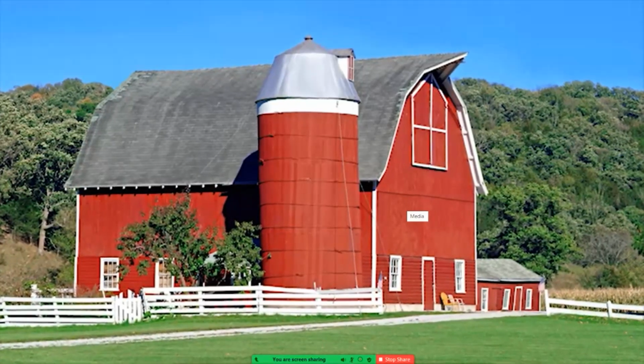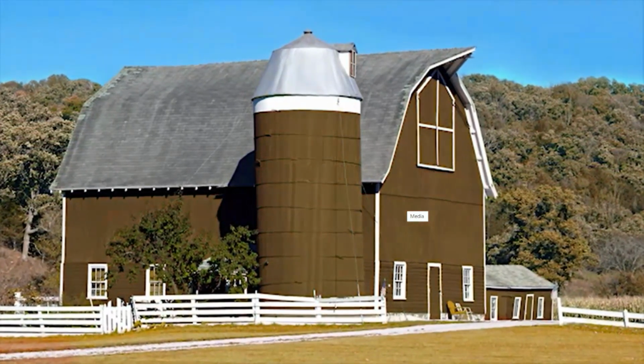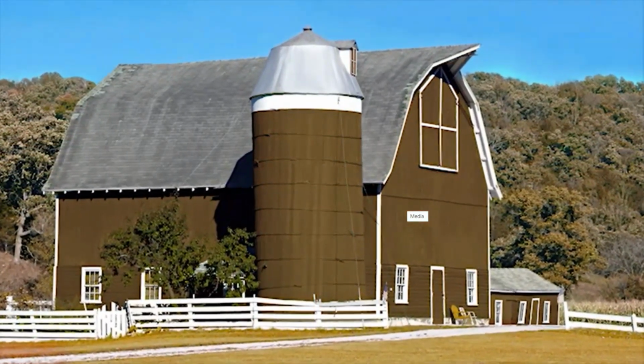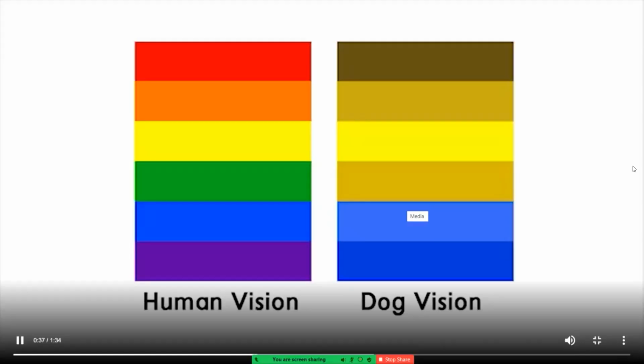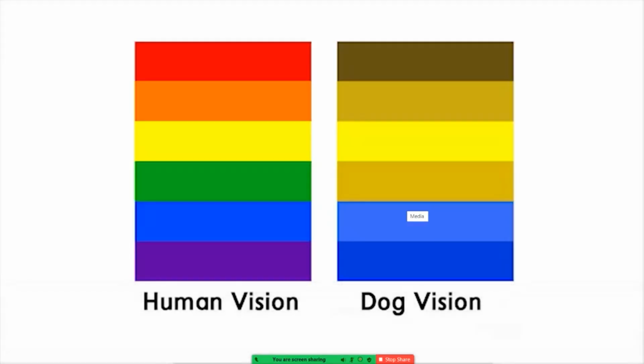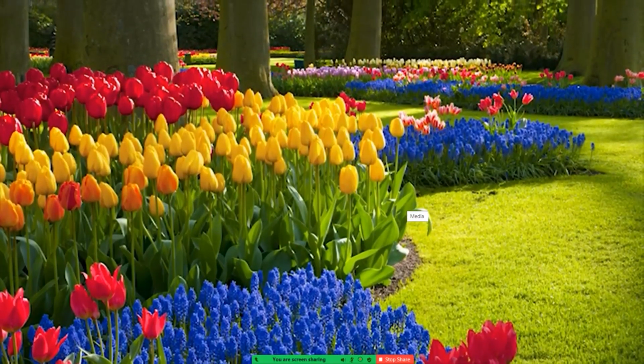Take a look at this picture. This is how a human eye sees this scene. And this is how dogs would see the same scene. The biggest difference is that dogs cannot see reds and greens, but they can see yellows and blues. How about cats? How does their vision measure up to ours? Cats also have trouble seeing colors.